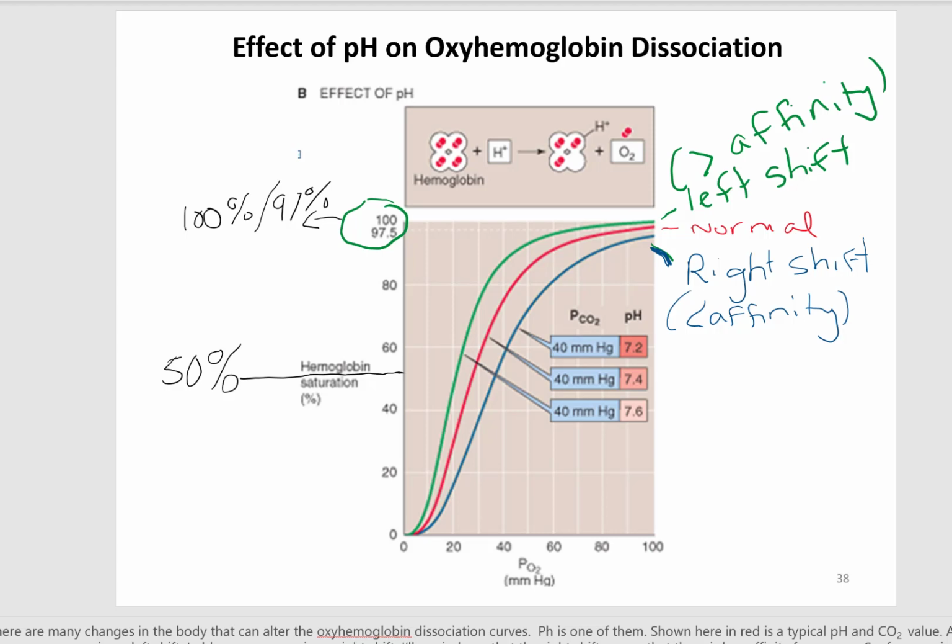What I want you to do is draw a horizontal line through all 3 curves: the red, which is normal, that's in the middle, the green, which is on the left, and the blue, which is on the right.